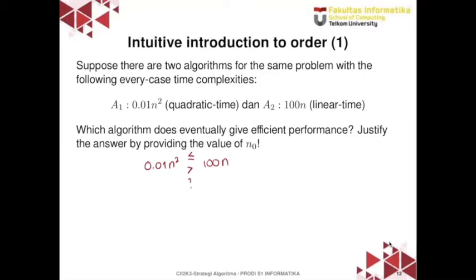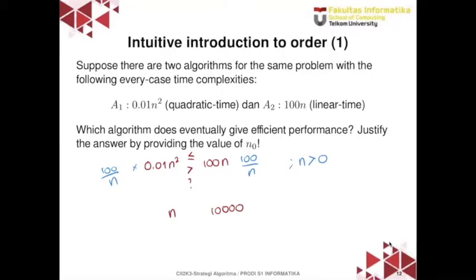So here we can multiply both sides by this, but of course, to be able to do this, we need to say that n is not 0. So here we will have n and 10,000. Here, n can be anything. It can even be more than 10,000, but the other side stays constant.